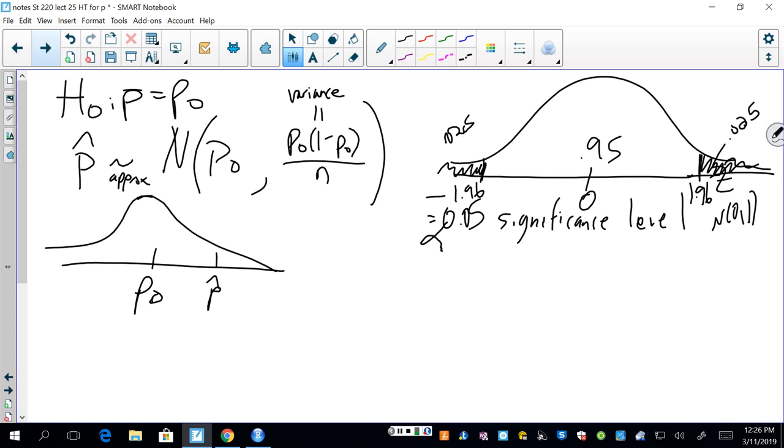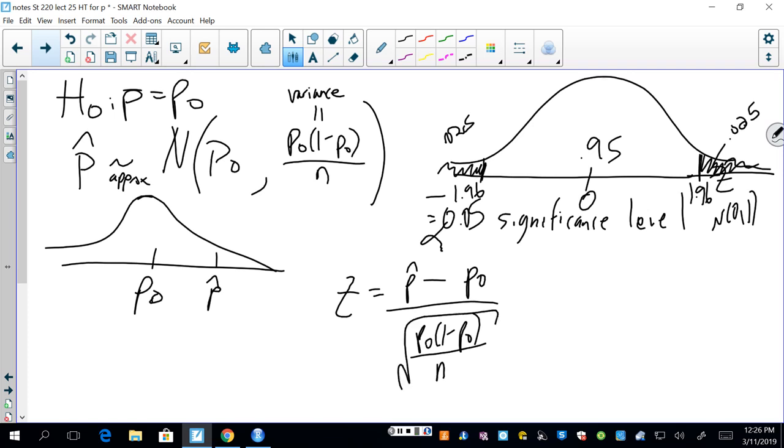The standardized value, in this case, we have our value of p hat, we subtract the mean, divide by the standard error, the square root of that. We get a z value. So if our standardized value ends up being greater than 1.96 or less than the negative of that, it's going to be an unusual z value.